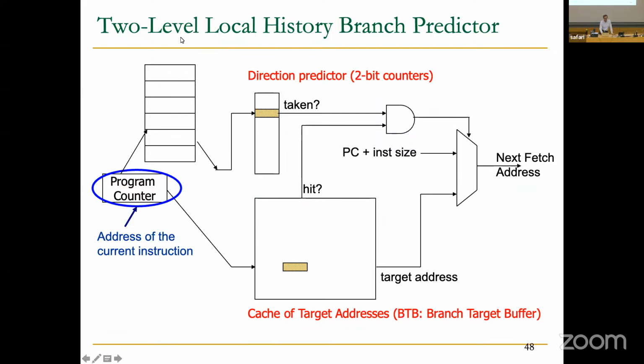Now you can see that this increases your critical path a little bit more, because this could be a pretty large table, depending on how large you make it. If you want to distinguish every single branch, it's a huge table, of course. If you're okay with some aliasing, this could be smaller. The key realization is that each local history register encodes which directions earlier instances of this branch, at this program counter, went.